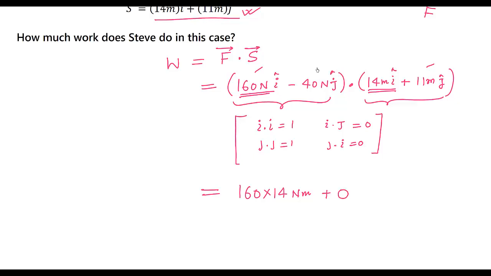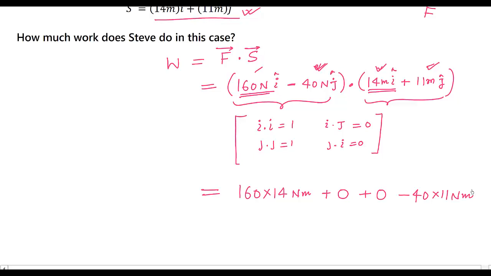Now if I multiply this 40 Newton with 14 m, this is again going to be 0 because this is j dot i. Now the final term, j dot j is 1, and there is a minus sign here. So minus 40 times 11, and this will be Newton meter.